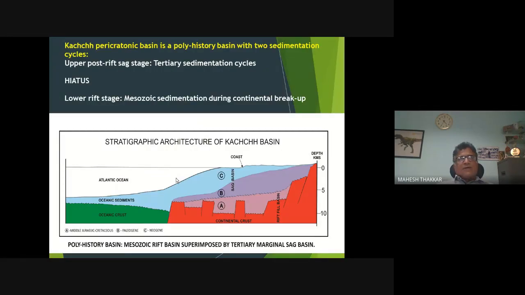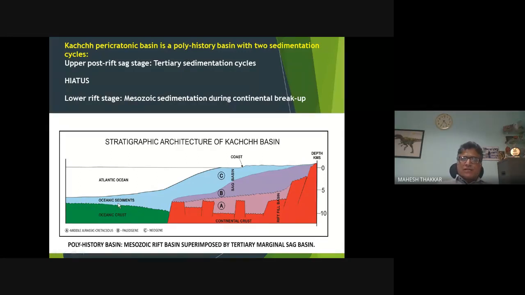This is the same thing in a different type, both together. A is the middle Jurassic to Cretaceous. B is the Paleogene cycle, that is the open sag basin cycle, and C is the Neogene open sag basin cycle. So you can largely understand with this cartoon that this open marine system has a Neogene cycle, which continued into the oceanic basin.